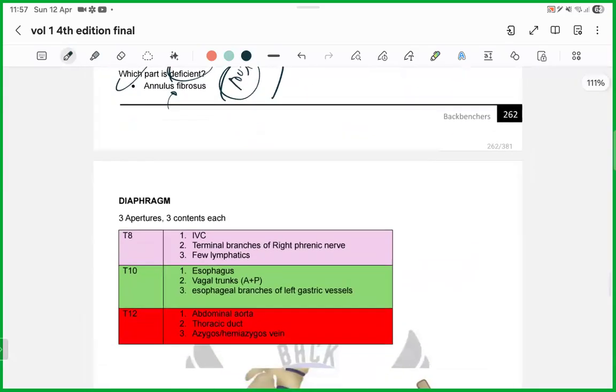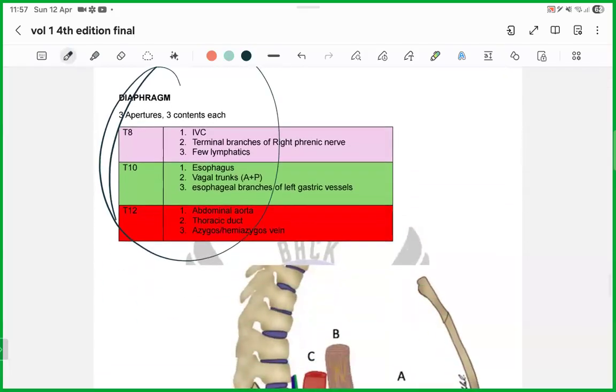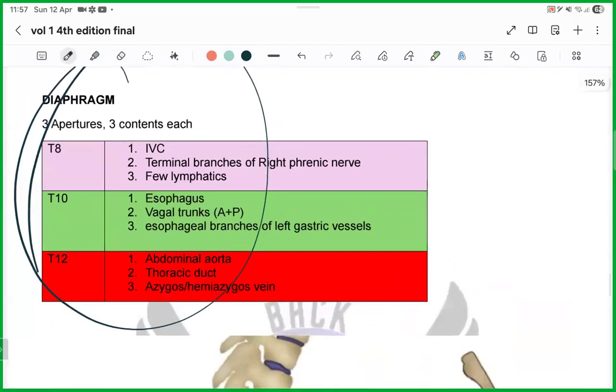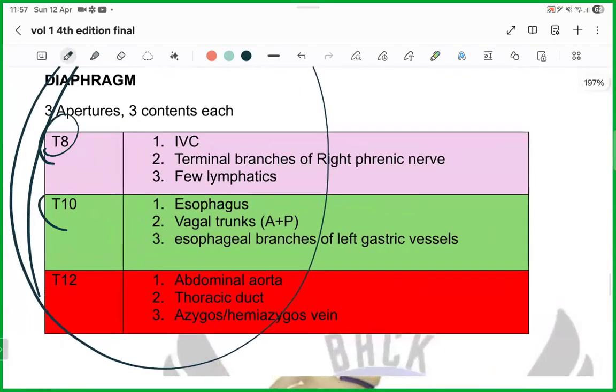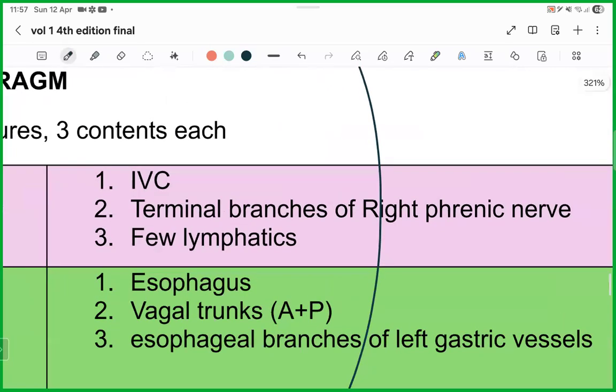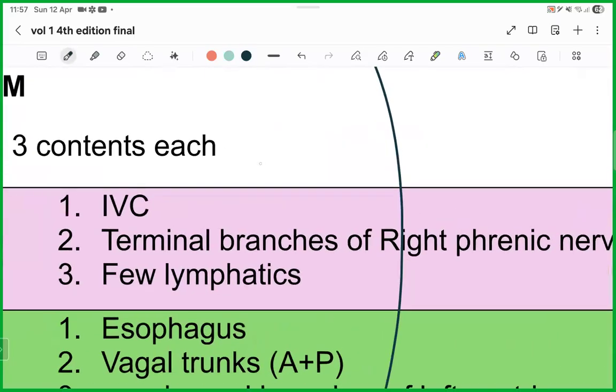Now we need to know the apertures of the diaphragm. Three apertures, three contents. This is very easy: T8, 10, and 12. See, T8. The first thing is the vena cava.